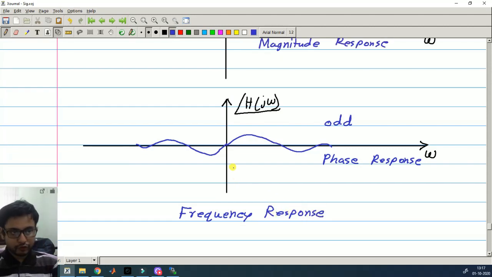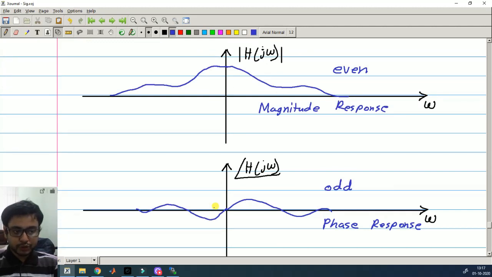If you have these two graphs at your disposal, then you know the value of H(j omega), the Fourier transform of impulse response, for all possible frequencies, and you can calculate output for different possible inputs. So this frequency response contains all the information required about an LTI system.